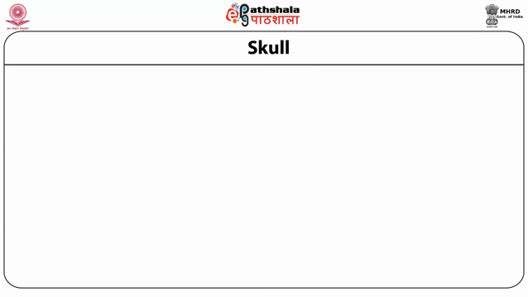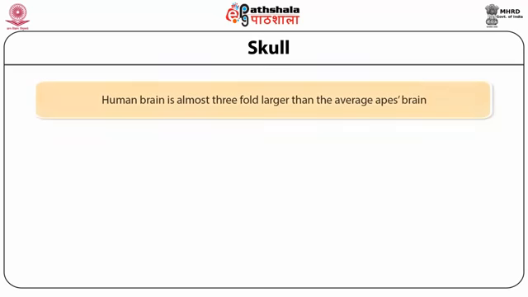Now let's discuss the differences in the skull. The size of the human brain increased during the course of evolution and became much larger than any of the living apes. It ranges from 1300 cc to 1450 cc.